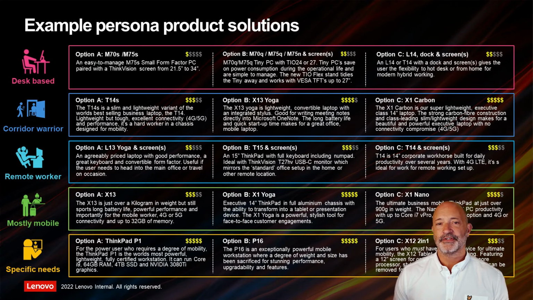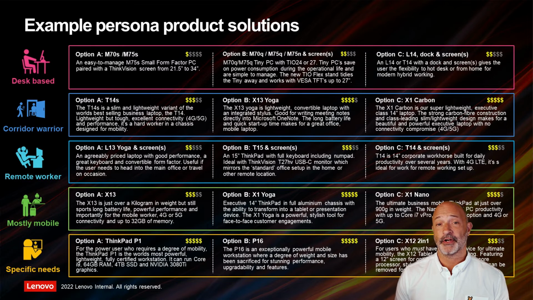And then the last stage is to cross-reference the data you have to pick the most suitable products and assign them to your personas. I put some example specs together here. So a corridor warrior might be best suited to our T14s or X13 Yoga or X1 Carbon. These are just suggestions because, of course, the whole exercise is a big generalization of a fictitious organization in this case.